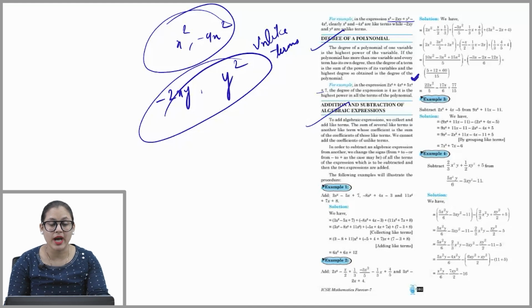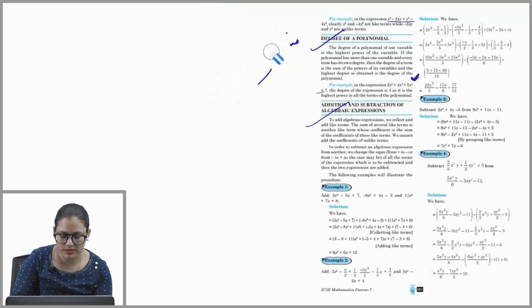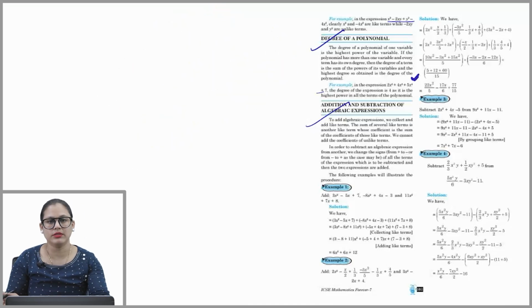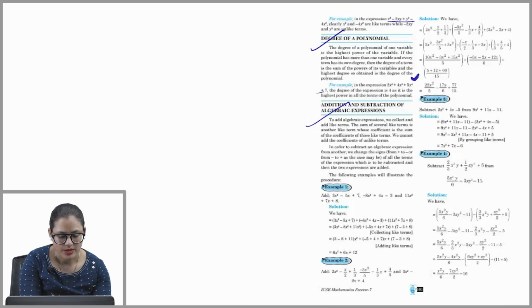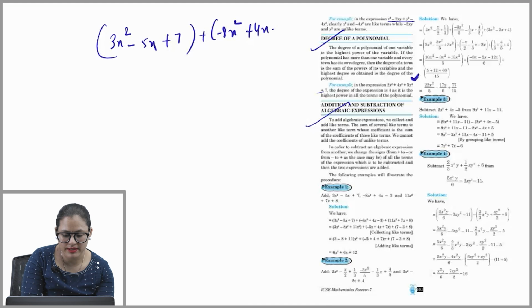Okay, so we have to add these. So first what will you do? See, we have to add. The first step is we collect or gather all the like terms. So we have to add 3x² − 5x + 7, and −8x² + 4x − 3, and 11x² + 7x + 8.